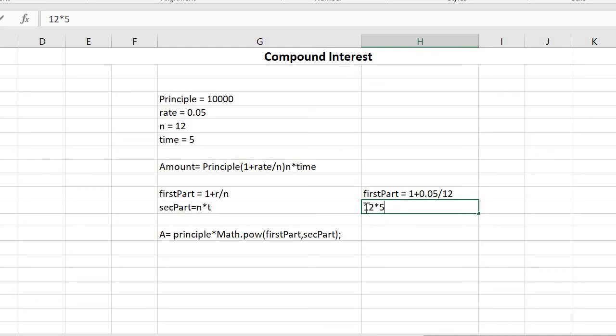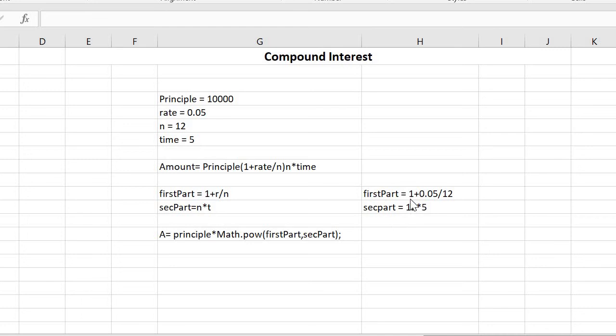After calculating the values of the first part and the second part, we can calculate the principal, that is 10,000 into math dot power, 1 plus 0.05 divided by 12, raised to power the second part. Let us just calculate it.